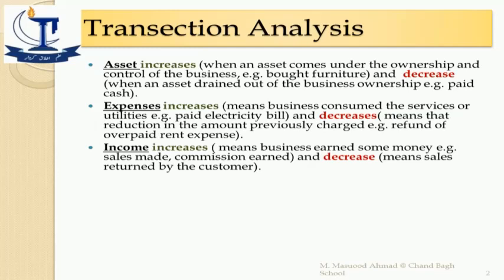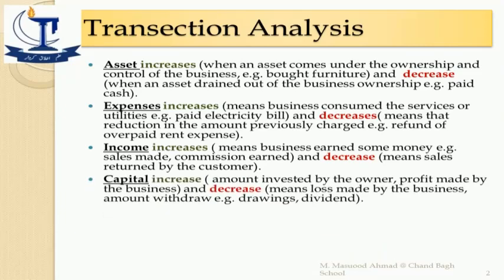Discount received is your income. And when bad debts return your money back, that is also your income. Income decreases when sales are returned by a credit customer to you. So we have to look at this aspect.